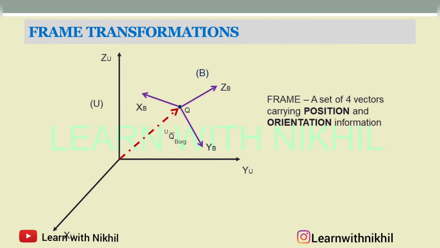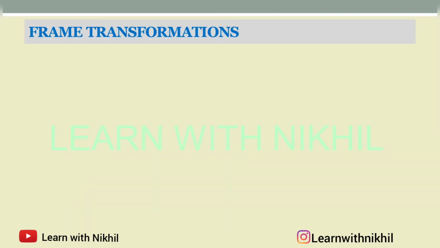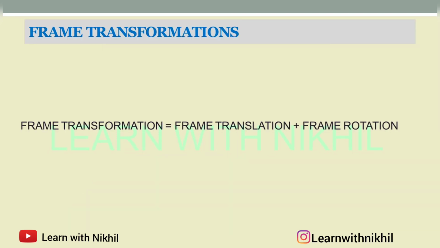And this frame transformation total is the mix of the 3×3 matrix of rotation and orientation and the position matrix, which is 3×1. So the frame is the combination, a set of 4 vectors, which includes 1 position vector and 3 orientation vectors. So frame transformation is nothing but the combination of frame translation plus frame rotation.